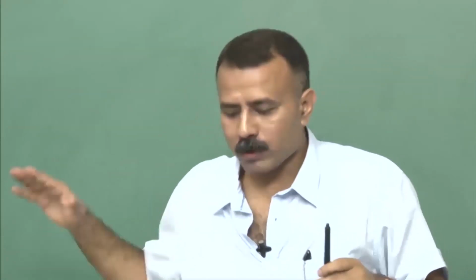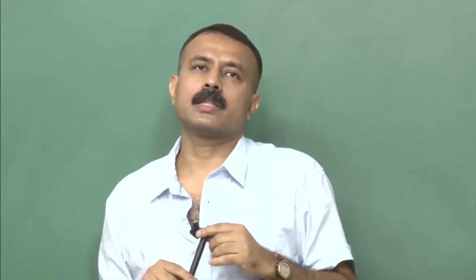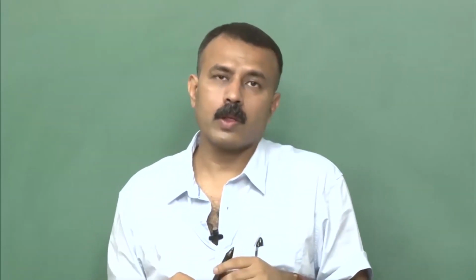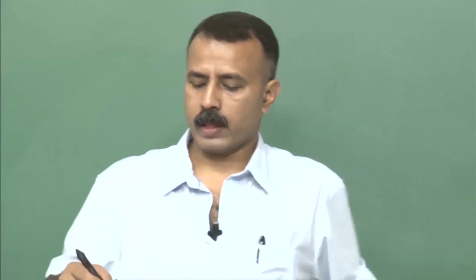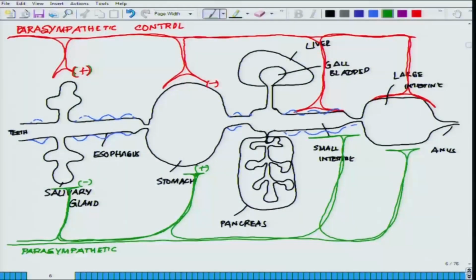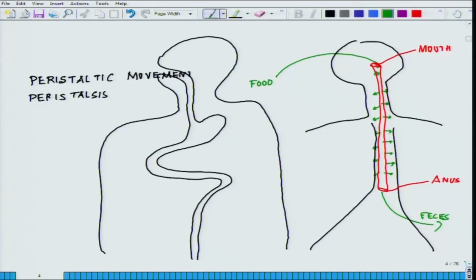This whole tube is completely innervated with these sympathetic and parasympathetic neurons, and apart from that, it is very, very well vascularized, because if you go back to the previous slide, and I draw the vasculature like this in pink, it is completely vascularized.